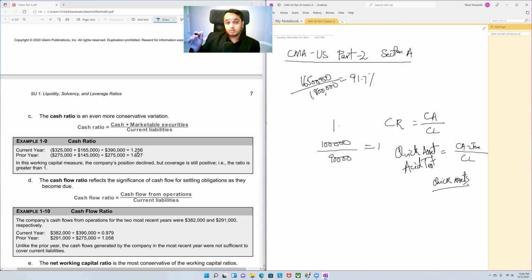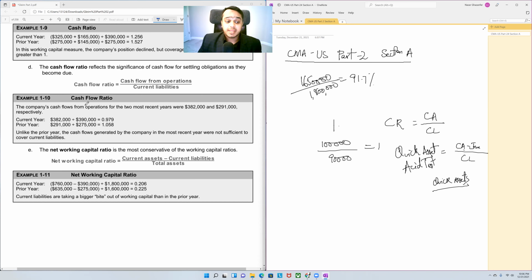Now understand this. Most of the times it sometimes becomes less than 1 or something like that, but still it's fine unless it is in an increasing form. It is good for the organization. If it is less than that, then it is not good for the organization at large. Then comes your cash flow ratio.